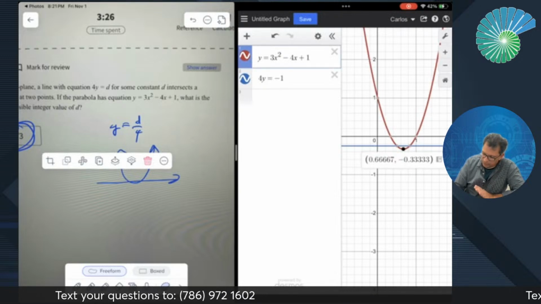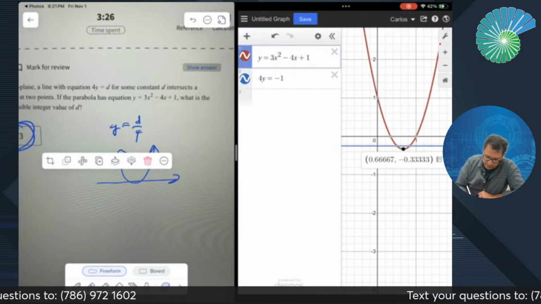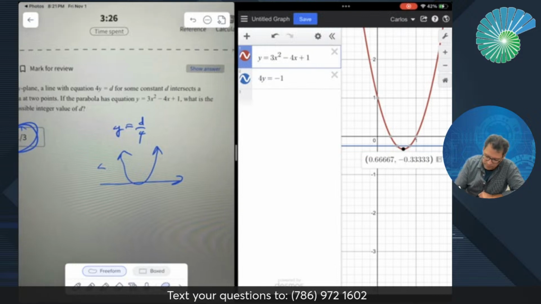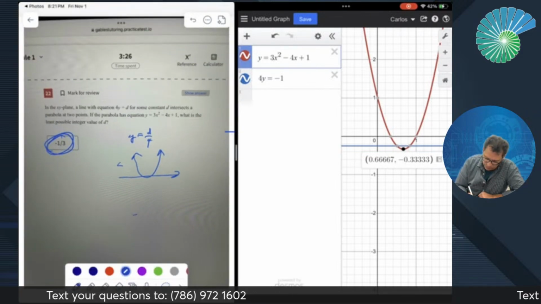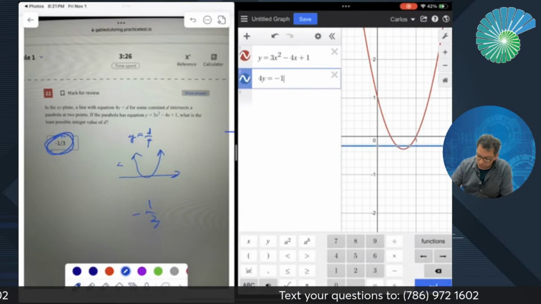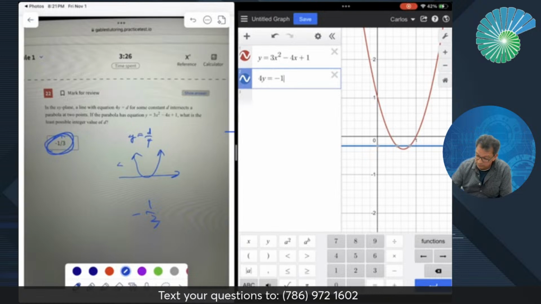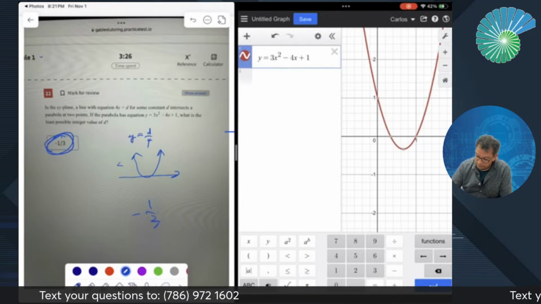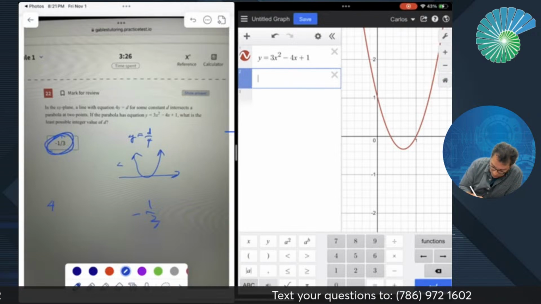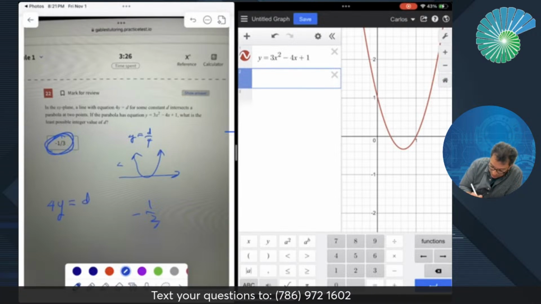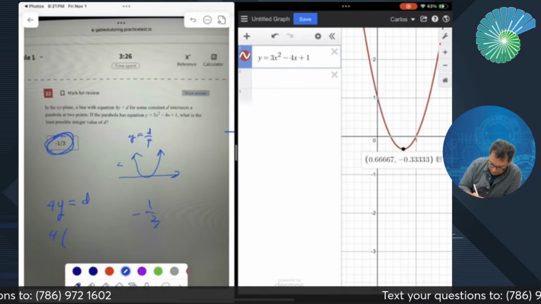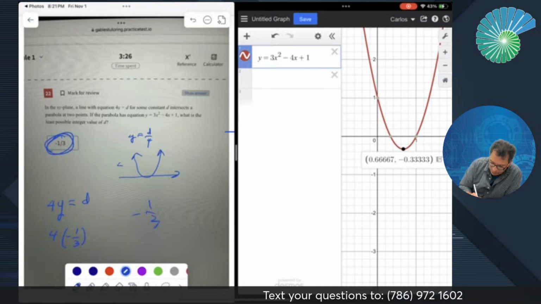And if you look at the vertex of that parabola, the y coordinate seems to be negative 1/3. But at negative 1/3, the line is touching the parabola only once. Now remember that you have 4y equals d. And at the vertex, y is negative 1/3.